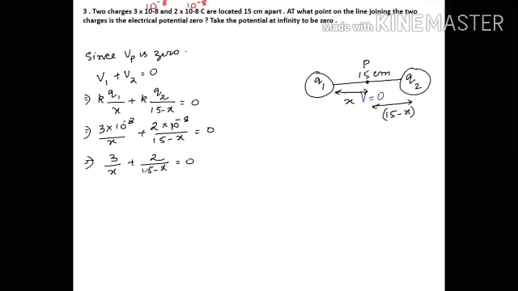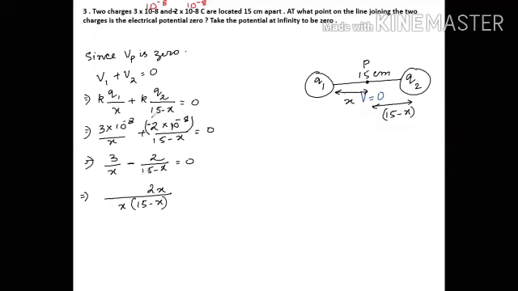When you do the simple mathematics, you just take LCM. So you get 2x. Actually, this charge 2 is negative. In the question I have not mentioned it, but this is minus 2, because of which you will be having a minus sign here.